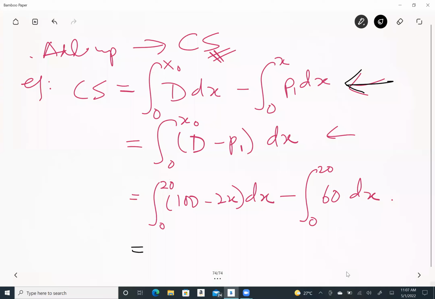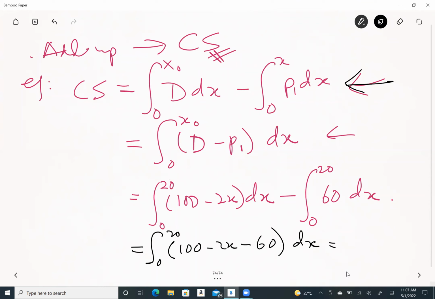So they're equal to the integral from 0 to 20. You subtract first, so that we can do only one integral, because you have a constant and constant. So subtract first, all right? What do you get? You get 40 minus 2x.